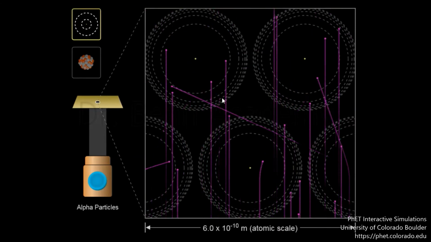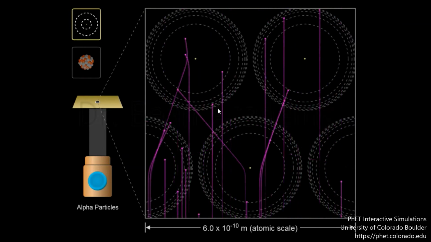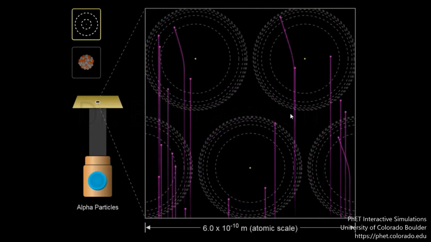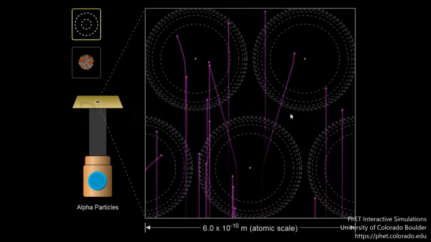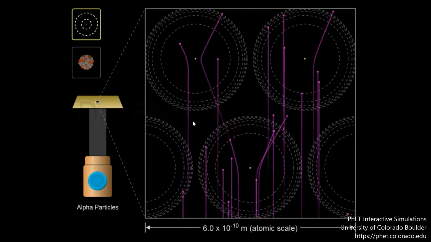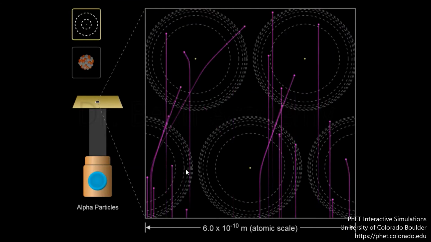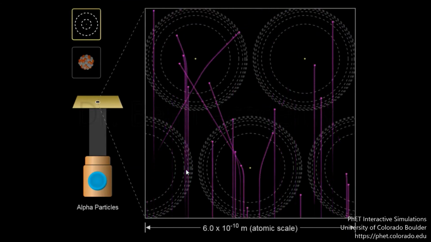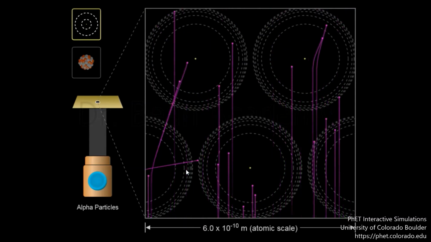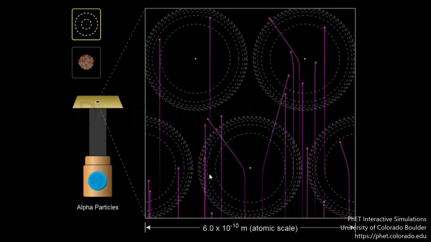And then he observed one more thing, and that is very important: although a small fraction were deflected at certain angles, there was even a very tiny fraction of them that just went back to the source. I mean, if an alpha particle is coming, then after some interaction with something, it just went back where it came from. And the fraction of those alpha particles was way smaller than the particles which were either deflected or went straight through the material.